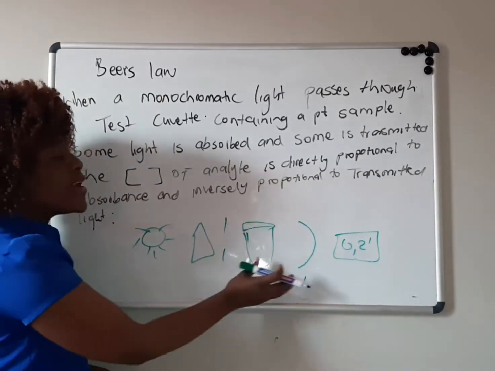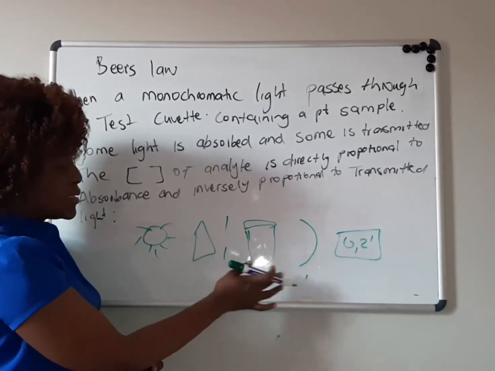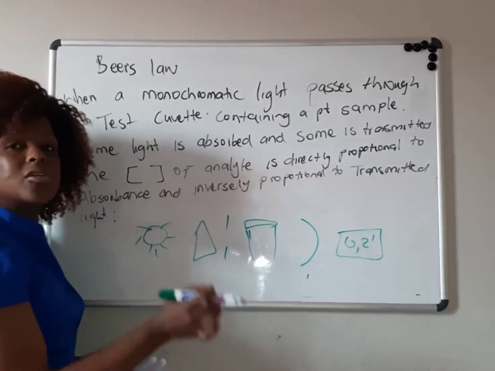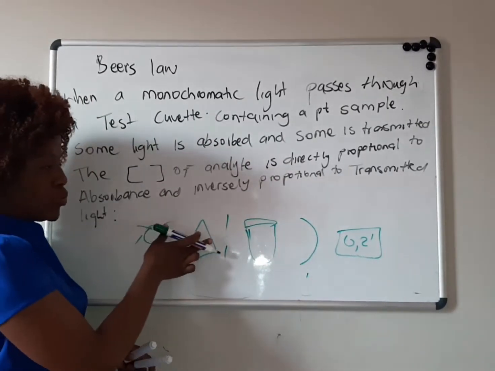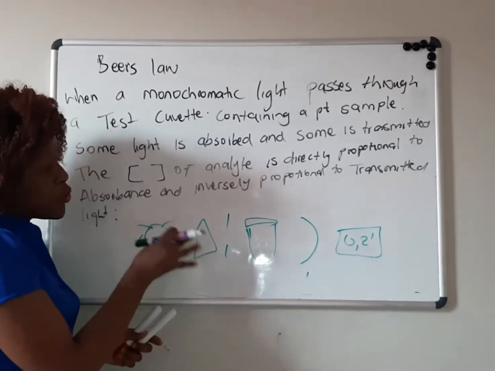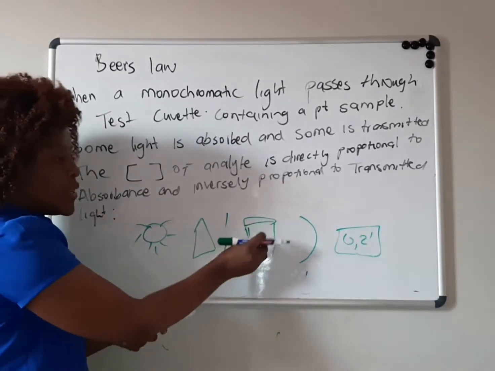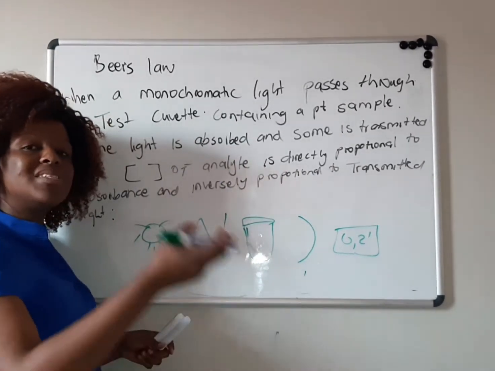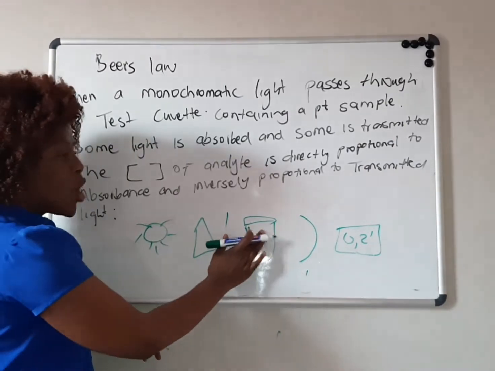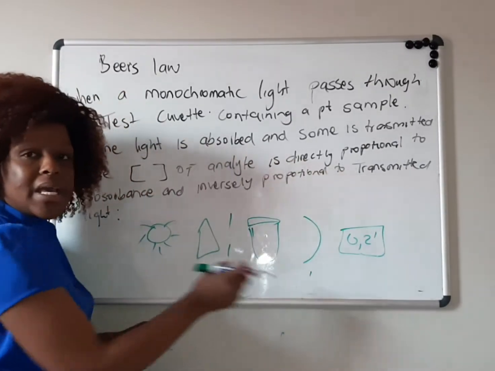Or if you don't have any concentration of that analyte in the test cuvette, it means the light that will be shone through, which is monochromatic and specific for that analyte, will not meet anything that will absorb the light. Then more light will be transmitted, so more light will reach the detector.